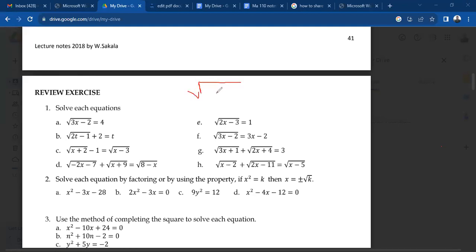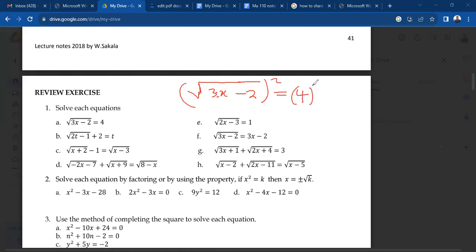Square root of 3x minus 2 equals 4. If you want to solve this, to remove the square root, you square both sides.